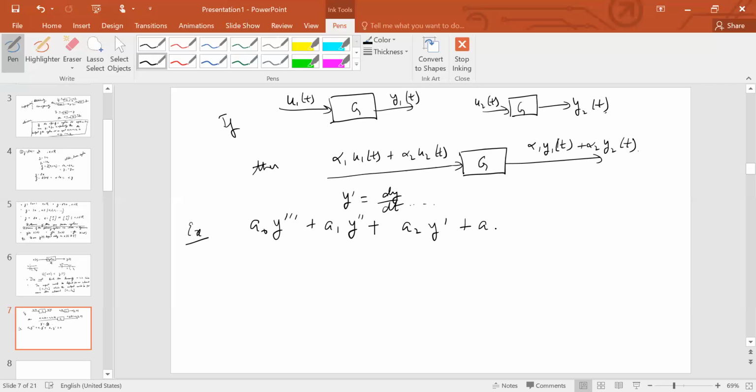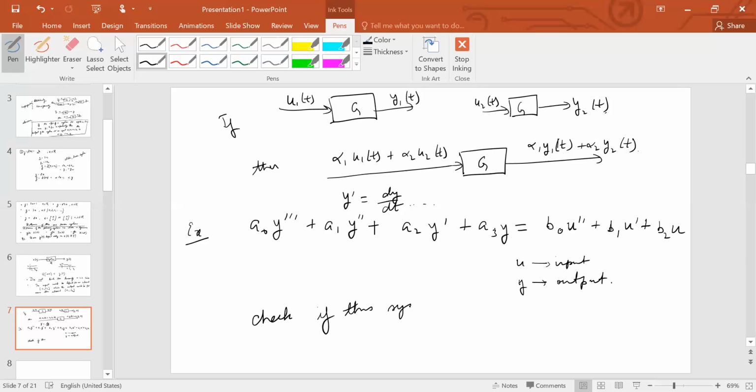Plus, sorry, A3 y is equal to B0 u double dash, let's say, plus B1 u dashed plus B2 u. So u is the input, y is the output, and we need to check if this system is linear.